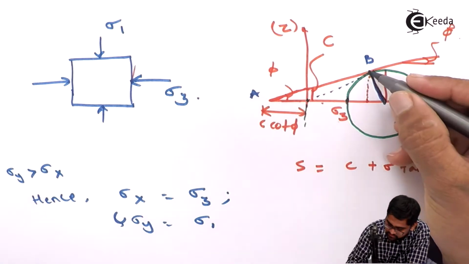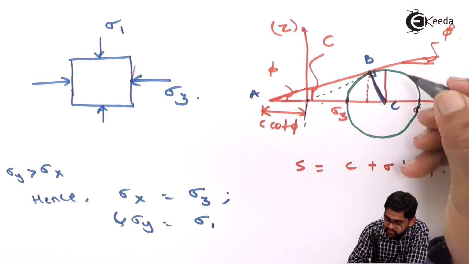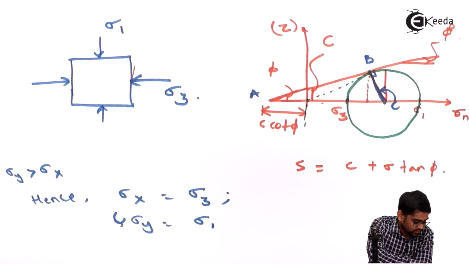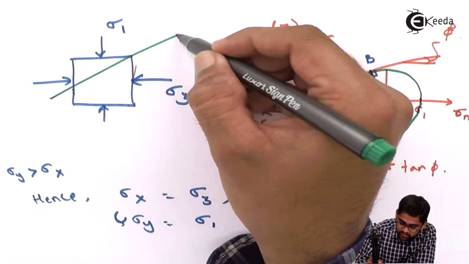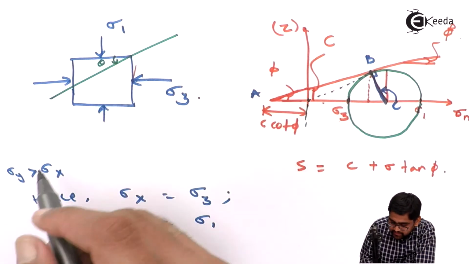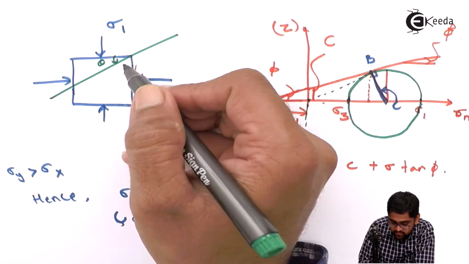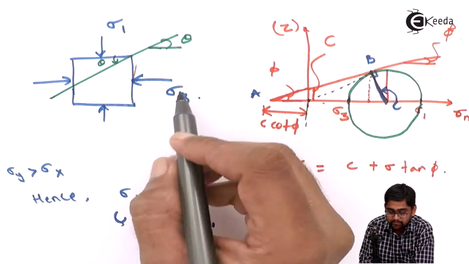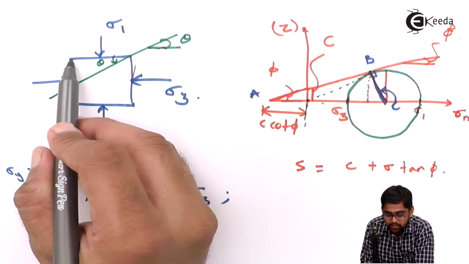if this is the failure plane, this is the orientation of the failure plane with respect to this. So inside the soil mass, if you draw this point, this is your theta value, and this theta is your failure plane, what it makes with respect to the major principal plane.